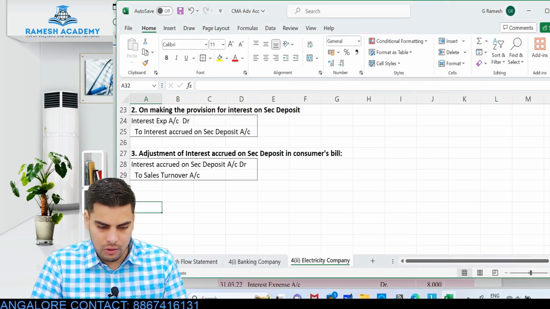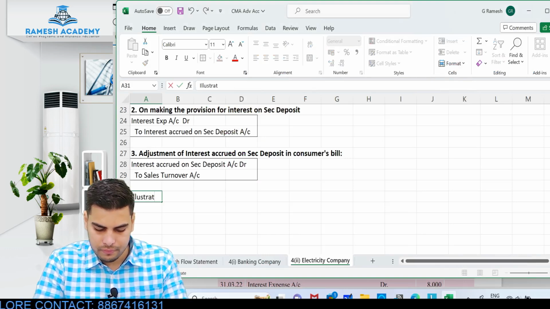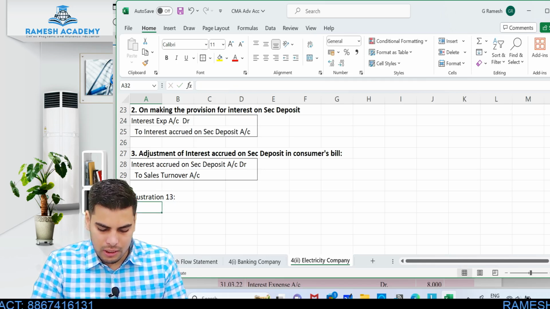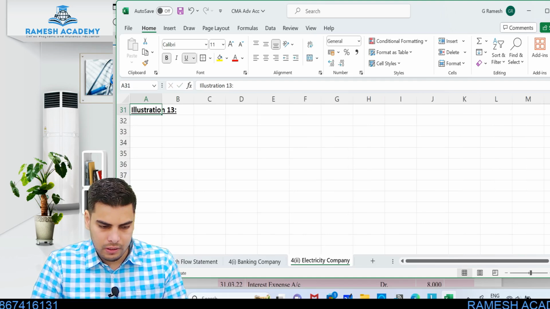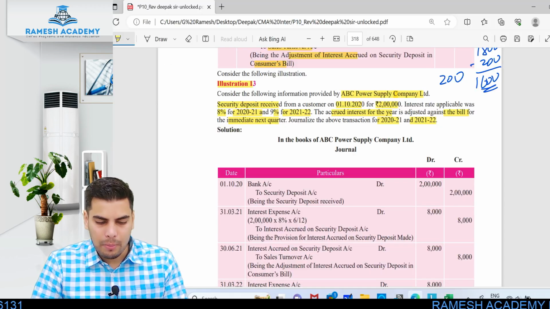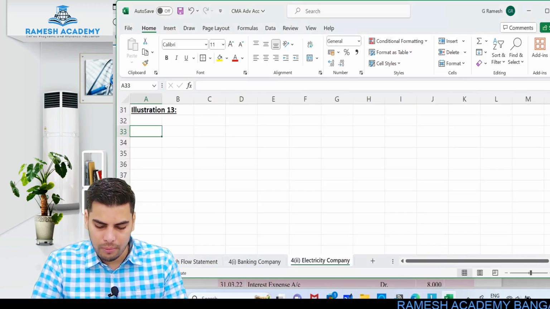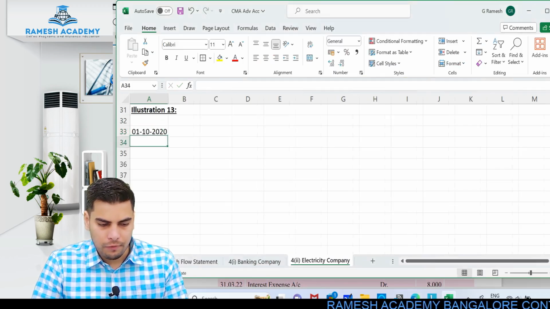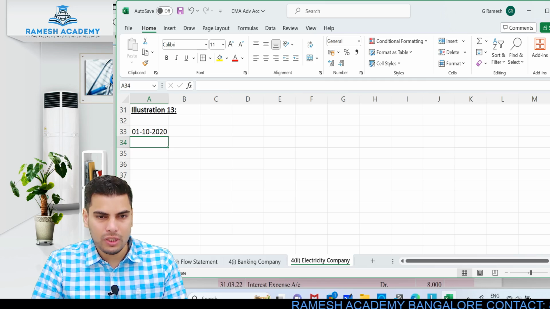So let's just solve this. Just go through this question, guys. It is completely based on the entries we discussed just now. First thing, I'm collecting some security deposit on what day? 1st October 2020, security deposit collected. How much did we collect? We collected 2 lakh rupees.